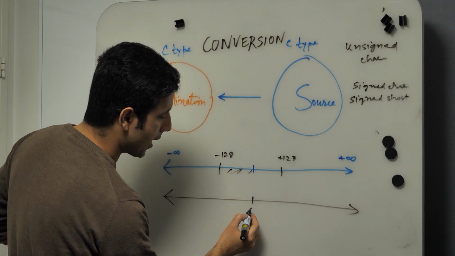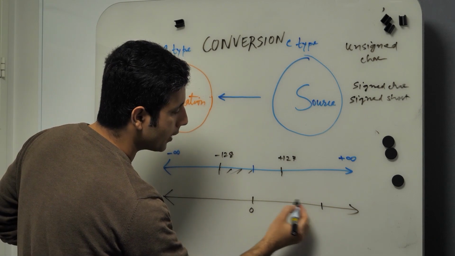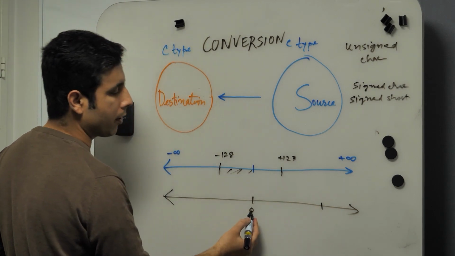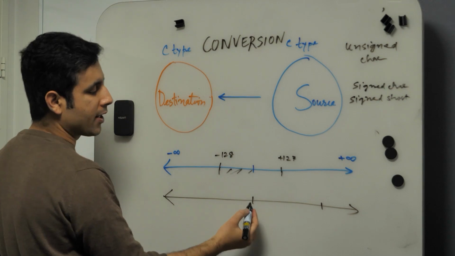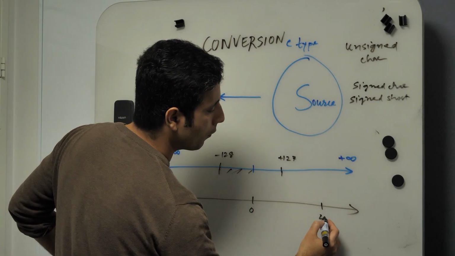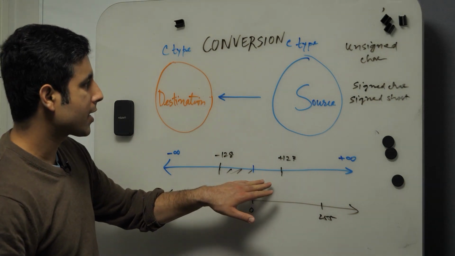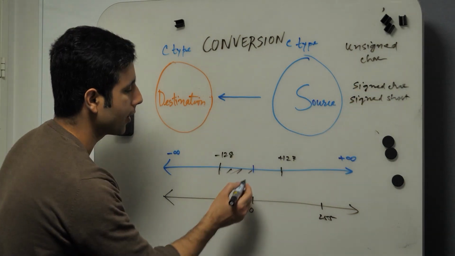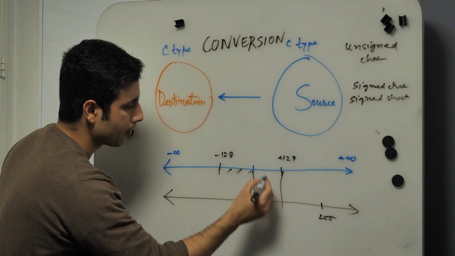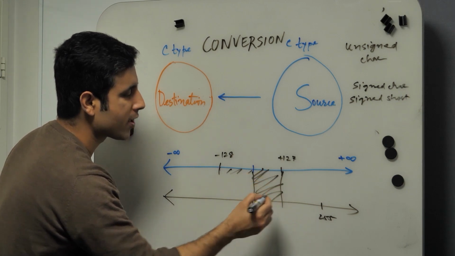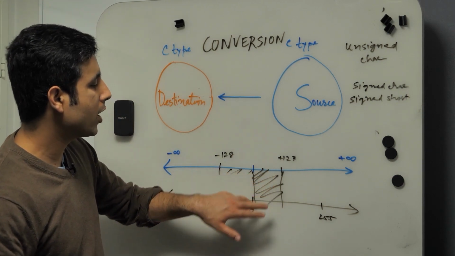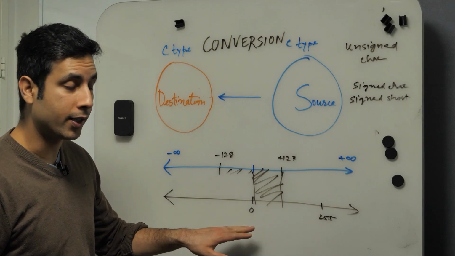Now, for unsigned char, we know that the value it can store is from 0 to 255. So only the range which intersects with signed character is this much. So as long as source has a value in this range, it would be preserved fine.